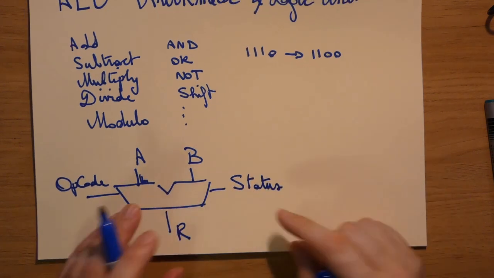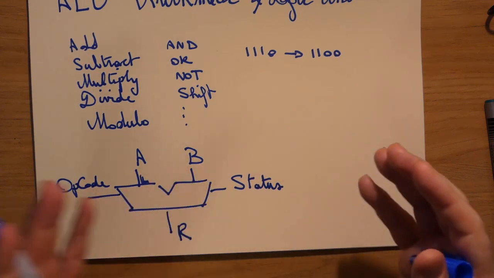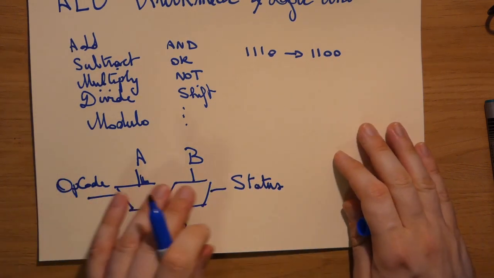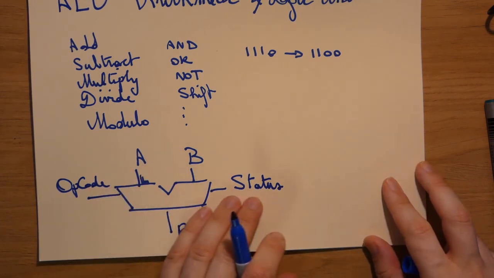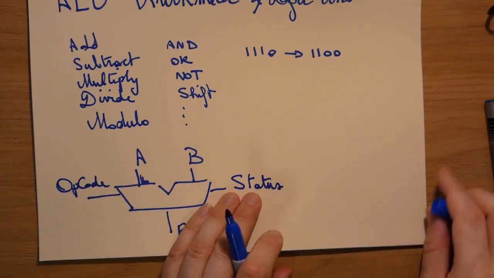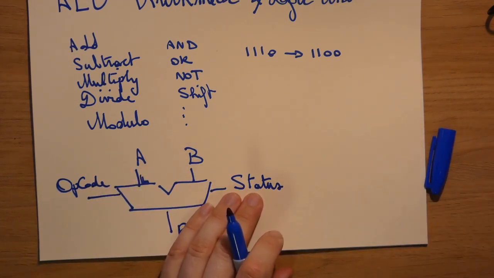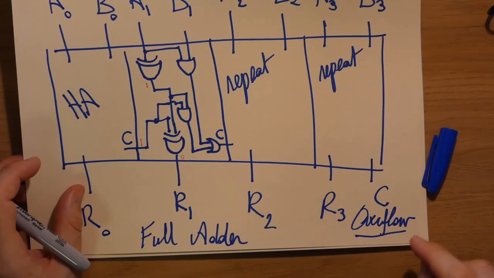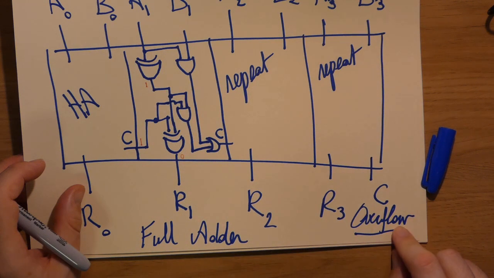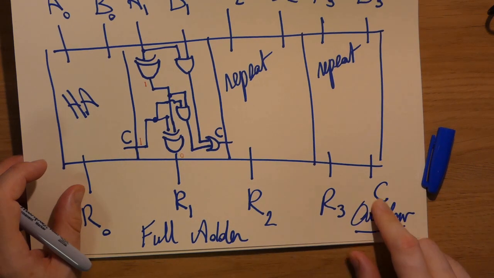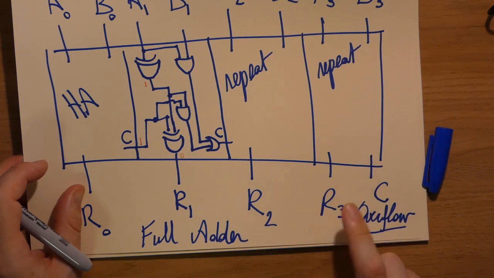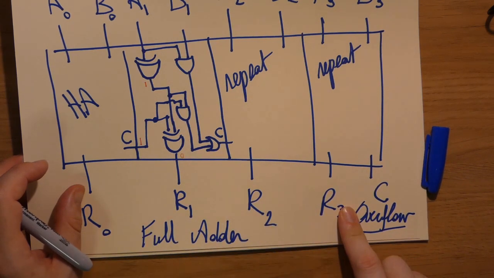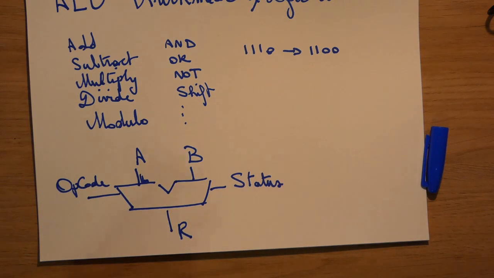Now the status is a number which gives me extra information about what happened. So the status could indicate overflow. We talked about overflow earlier, it is basically when the result is too large to be contained within the number of digits provided.